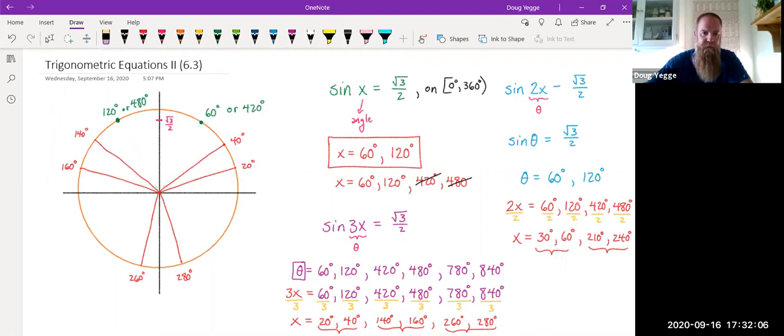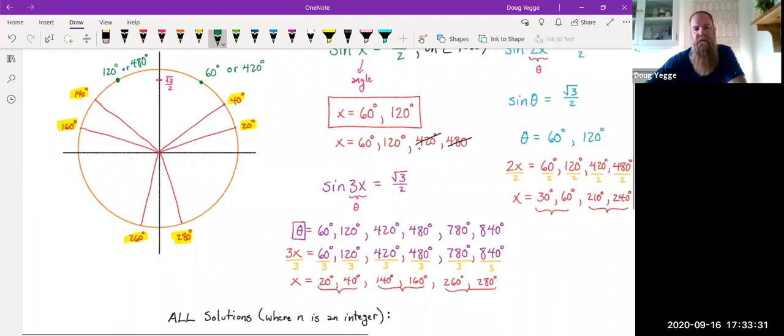So if we now get rid of these two angles, my only solutions to sine of 3x equals root 3 over 2 will be 20 degrees, 40 degrees, 140 degrees, 160 degrees, 260 degrees, and 280 degrees. All of those will make this equation true.